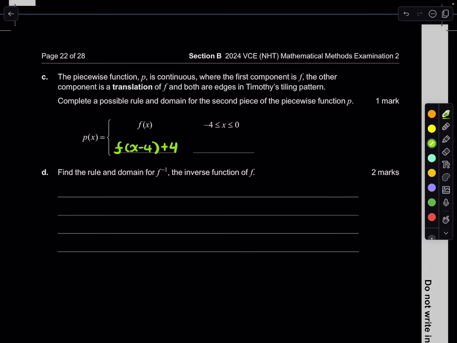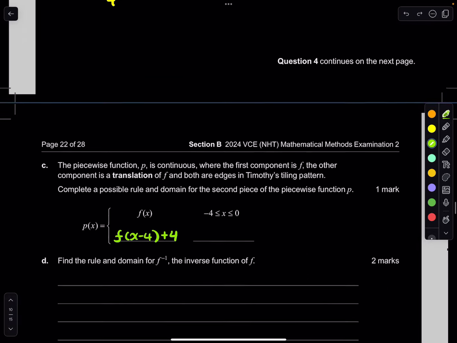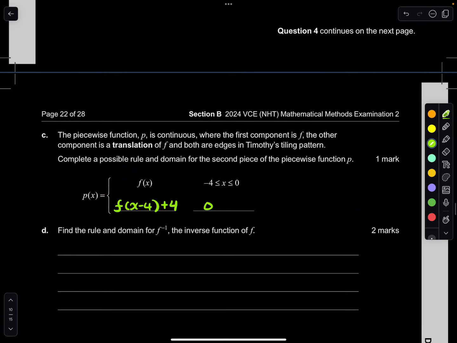That looks good. And we also have to write the domain. Now, what's the domain of it? Here, we can see it's from 0 to 4. So 0 less than or equal to x, less than or equal to 4. Now be careful, don't write less than or equal to 0. Write it less than, because it's already equal here. If they're continuous and this one's already equal to it, make sure this is not equal to it.